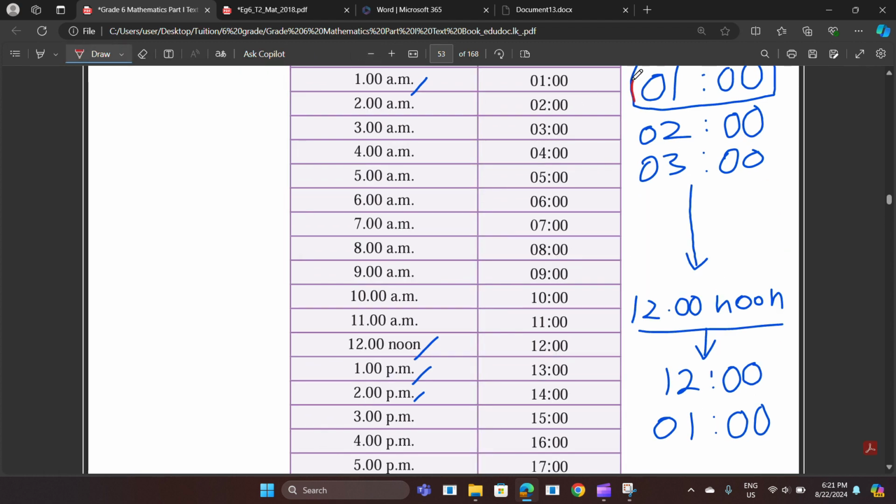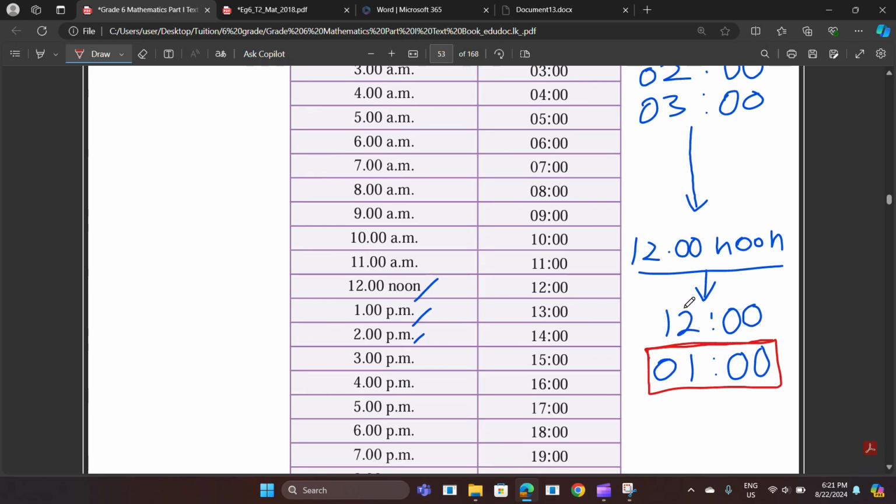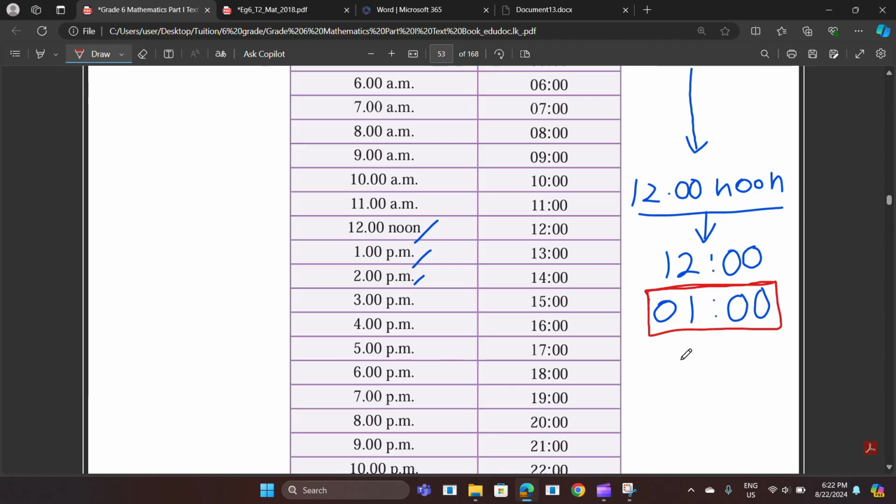We don't know whether it is AM morning time or evening, afternoon time. Because of that, after this 12 noon, we are representing PM time. After 12 noon, we are representing 1 p.m., 2 p.m., 3 p.m., 4 p.m., up to 11 p.m.